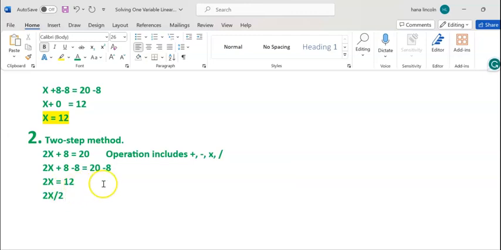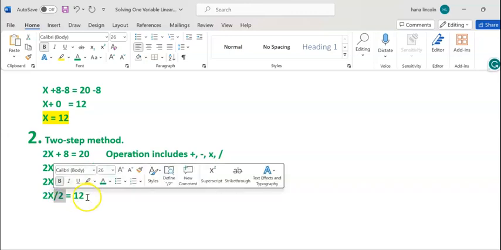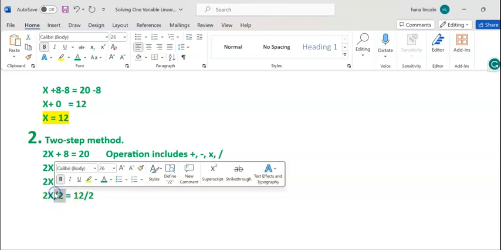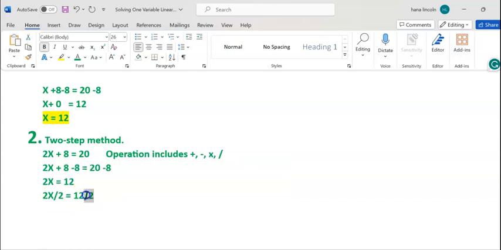All right, so equal, on the right side of equal, 12. Whatever you did on the left side of equal, you're going to do the same on the right side, okay? So divided by 2. I just copy this one and paste it on the right side of equal.